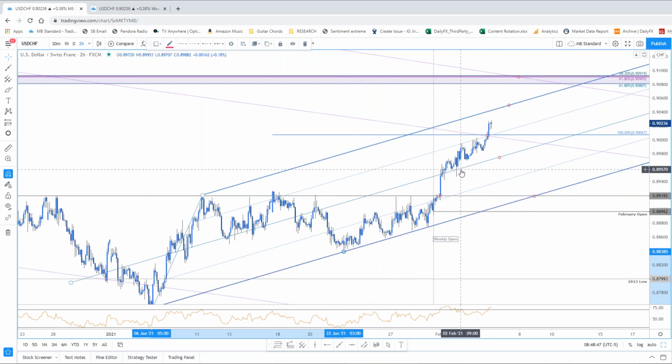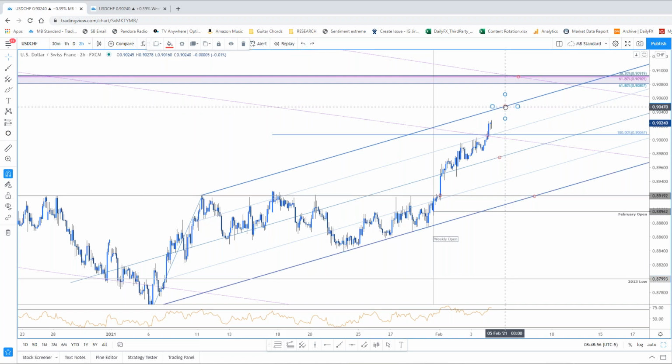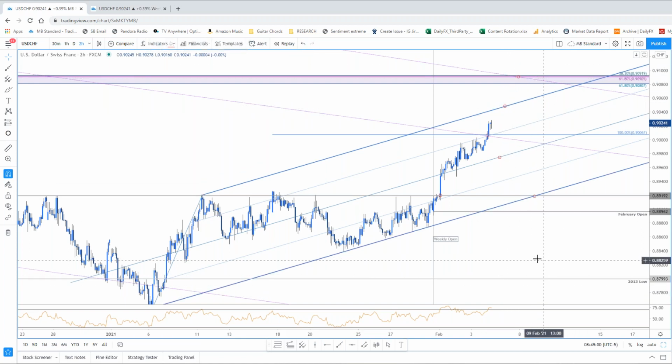Here's a median line break, median line support, 75% parallel resistance, resistance breakout. The parallel comes in around 90.50, and then above that it's 90.80. Near-term support, the median line comes in at not yesterday's low, but the low before that on the 2nd, so basically right at 89.80s, 89.70s.